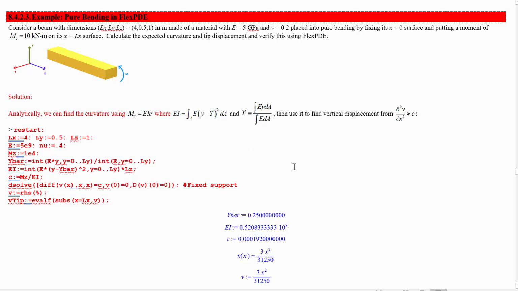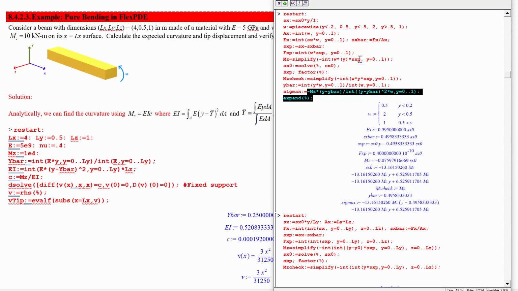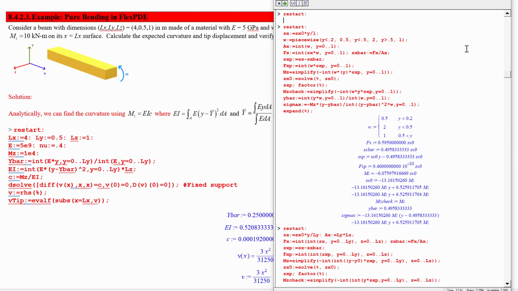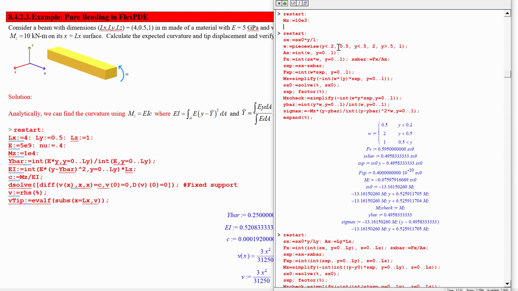So this is going to be a bit of a review from the earlier part of this week's stuff. Let's see. So we've got a moment of 10E3, and we've got a length of 4. Ly is 0.5.